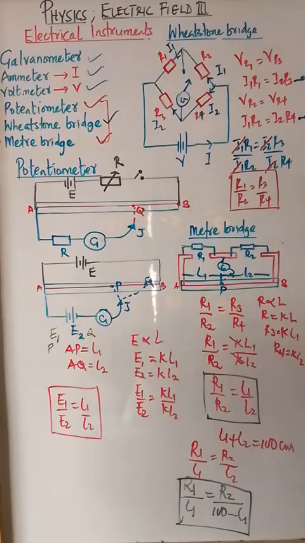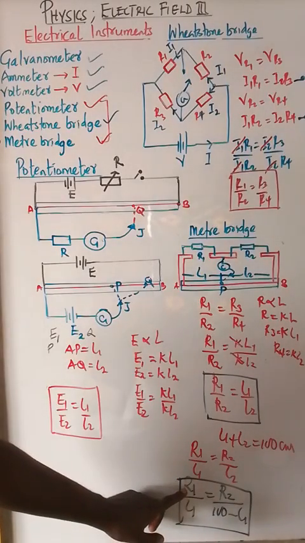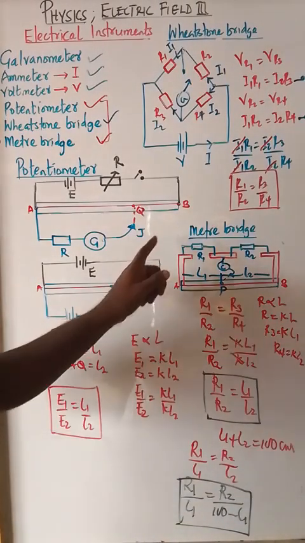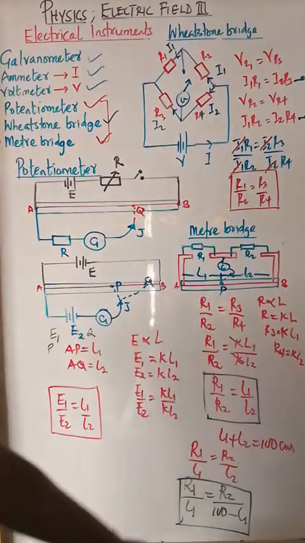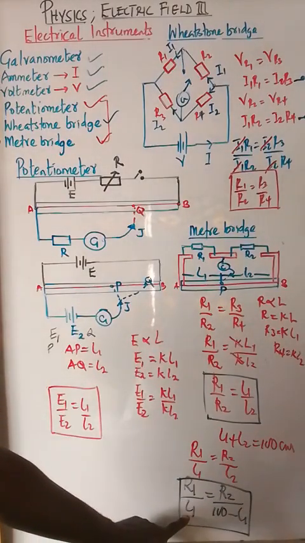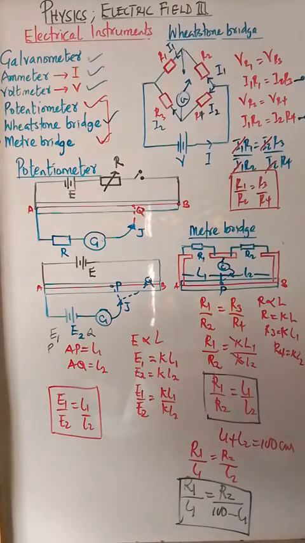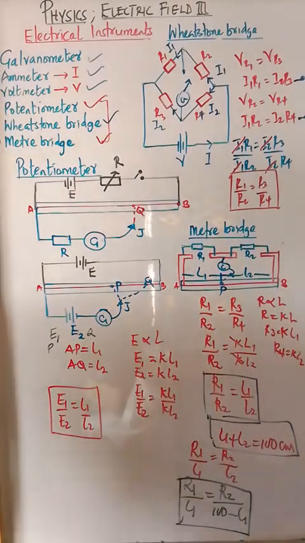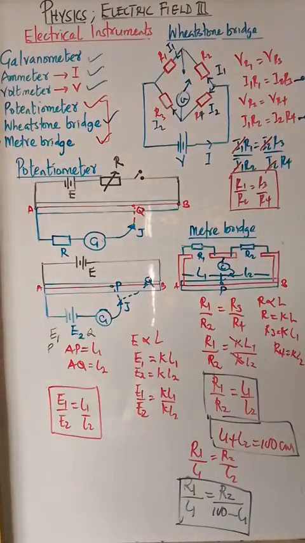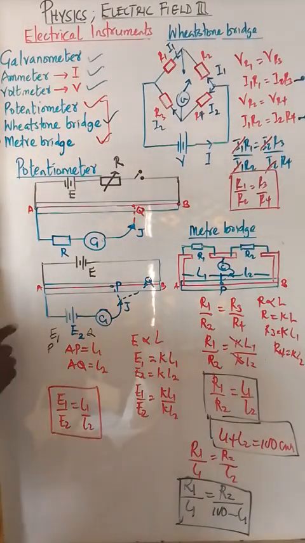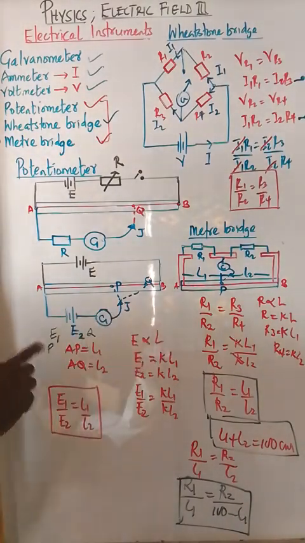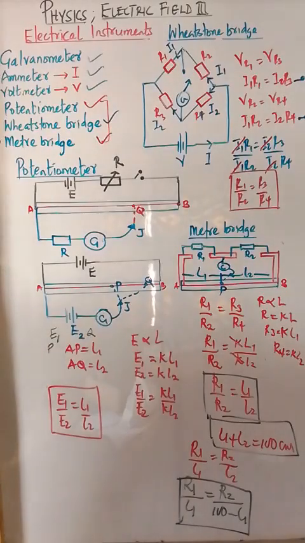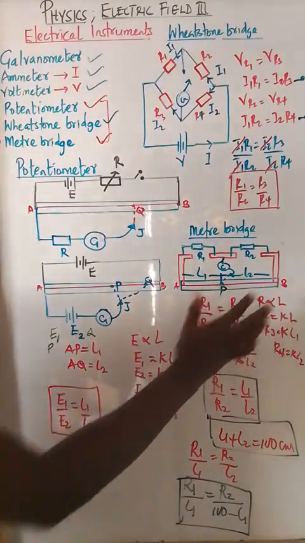So we can be told that for a standard resistance that is known, R1, we are told to look for R2 and are given the balance point for the first one. So this formula works. You either combine these two together separately or use it directly. So that's for Wheatstone bridge. But for a potentiometer, although they look alike, and although we can also put a cell here, it doesn't matter.